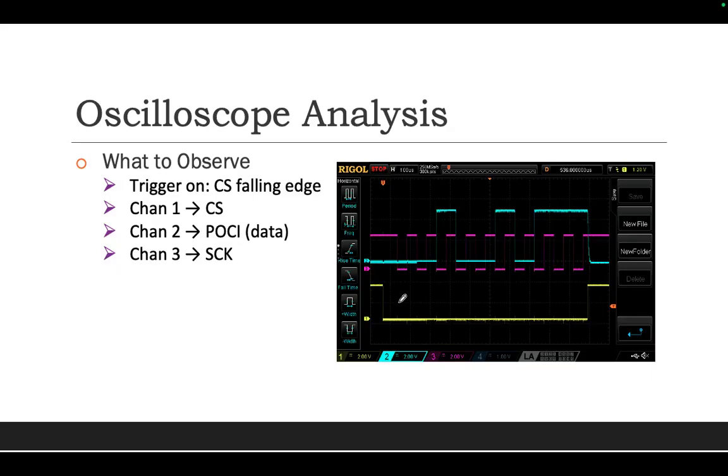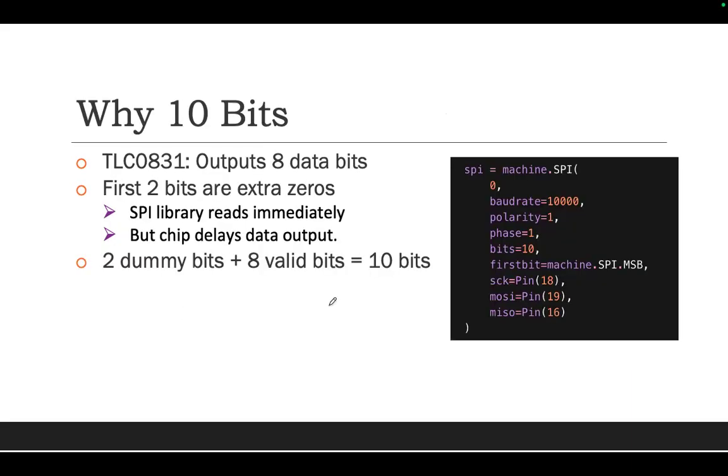So which one is the clock? Purple. Yeah, because the clock should be a signal at a specific frequency, am I right? And which one is data? That's the blue. Yeah, blue. And if you observe carefully, you can see in the first 2 clocks, there is no data read, which means it is 2 dummy bits, zeros. That makes sense to you?